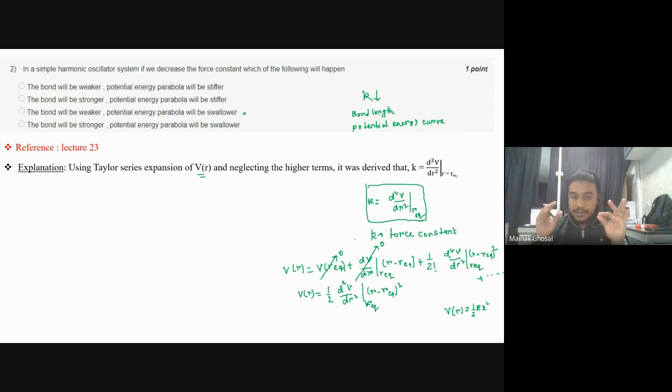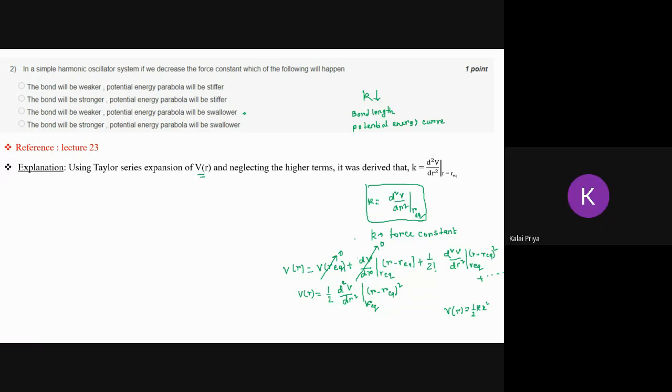Think of what you have learned in organic chemistry: single bond, double bond, triple bond. Which bond is very easy to stretch? Single bond, exactly.